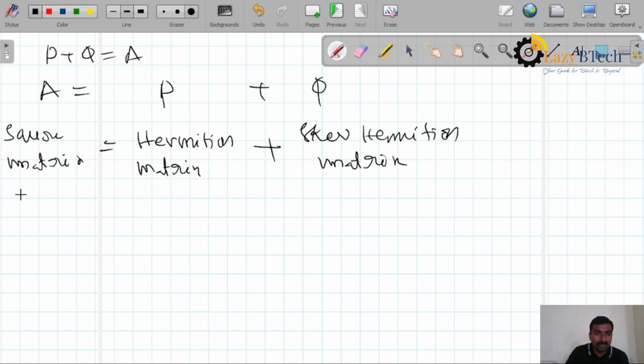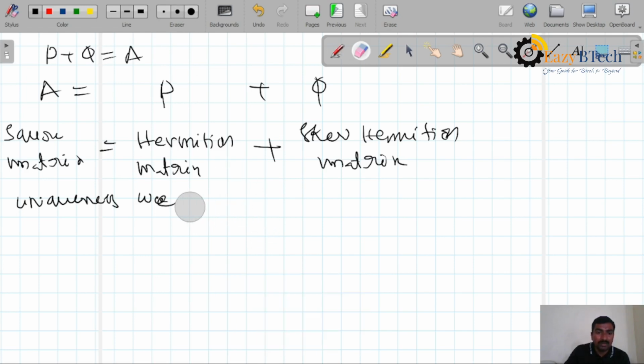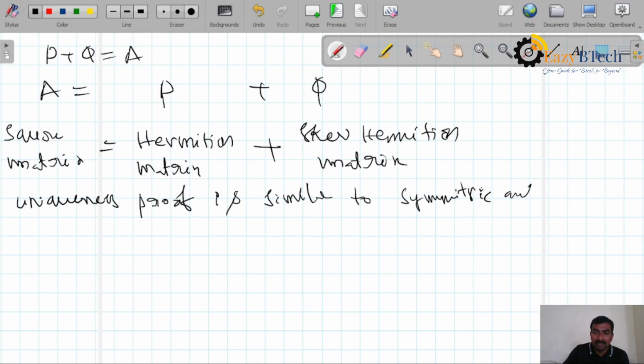Uniqueness you can prove similarly. The uniqueness proof is similar to symmetric and skew symmetric.